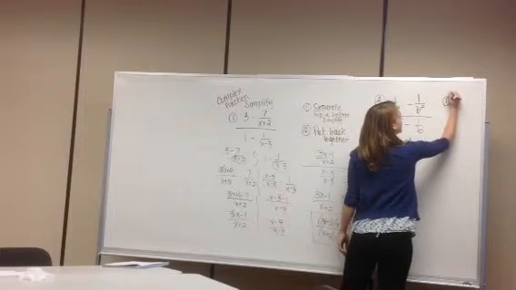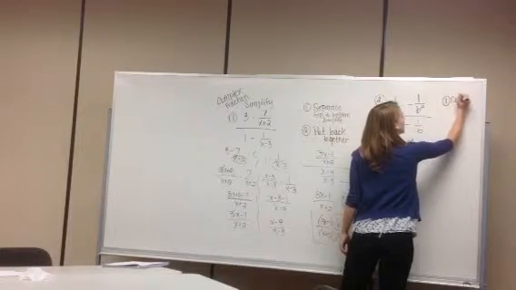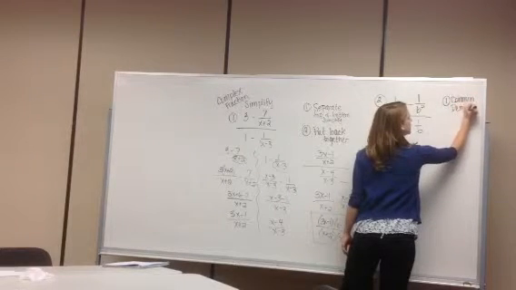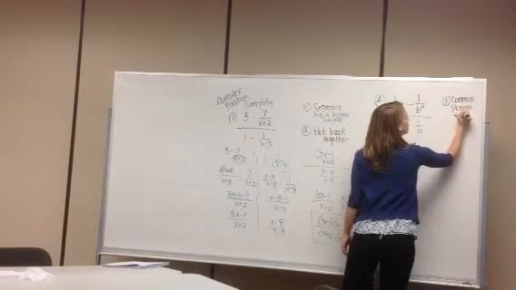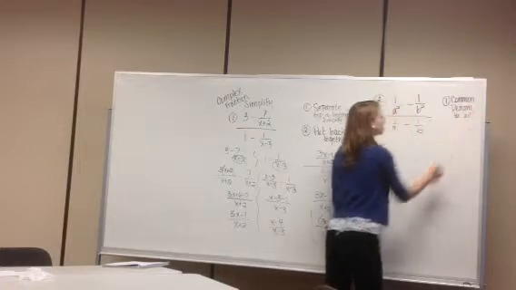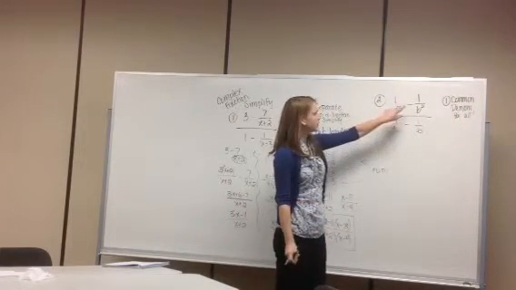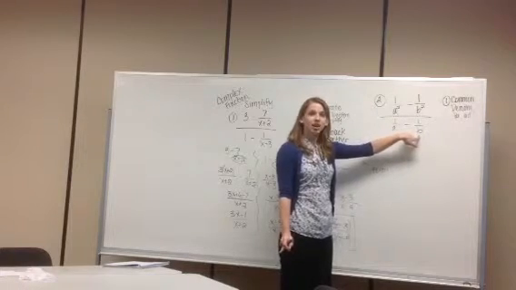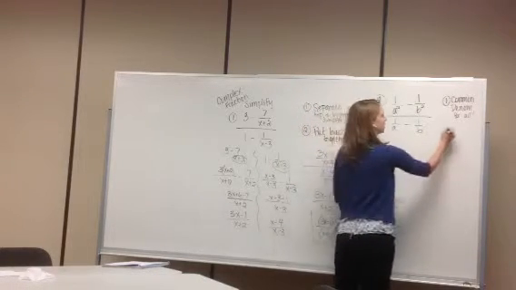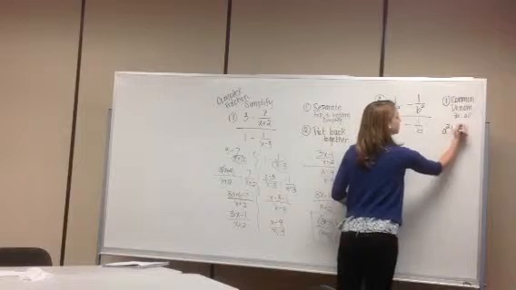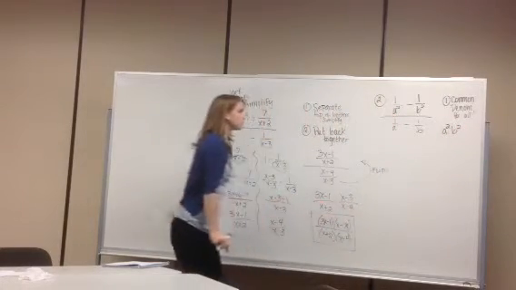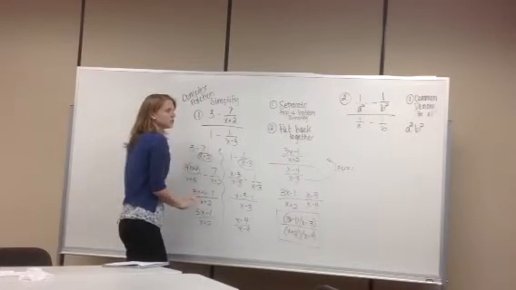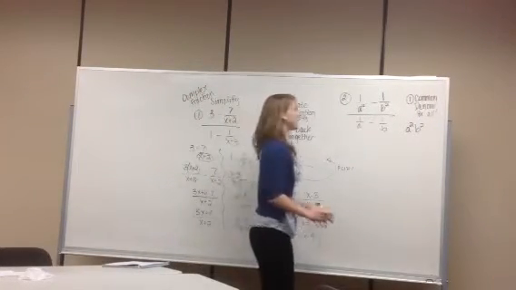So my first step here is common denominator for all. So that means I'm looking at this denominator, this denominator, this denominator, and this denominator. The common denominator for everything would be a squared b squared. So now I'm going to multiply so that all of my denominators look like that.